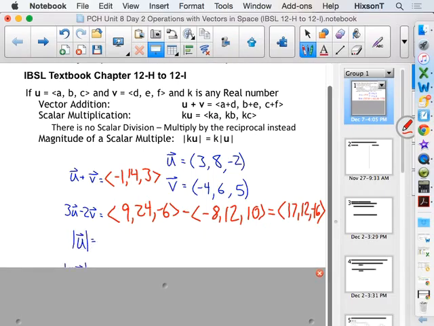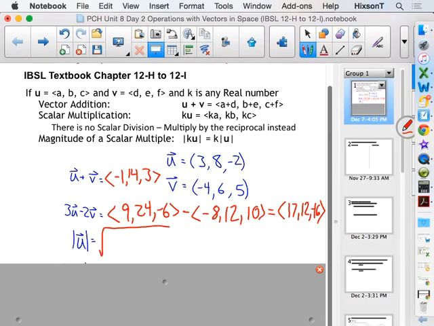Now let's see what you remember from Friday. We gave you how to find magnitude on Friday. Magnitude of u. Someone want to tell us how to do magnitude of u? Isn't it just the square root of the sum of the squares of the components? Exactly, okay.